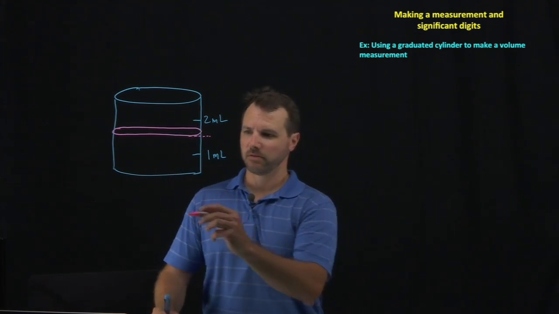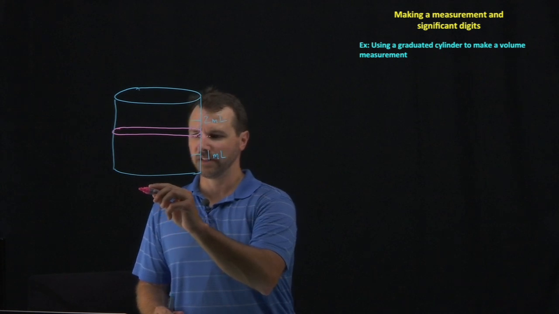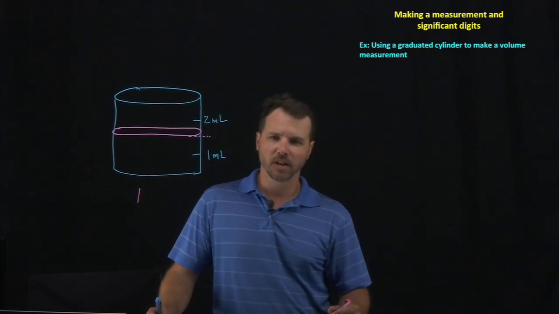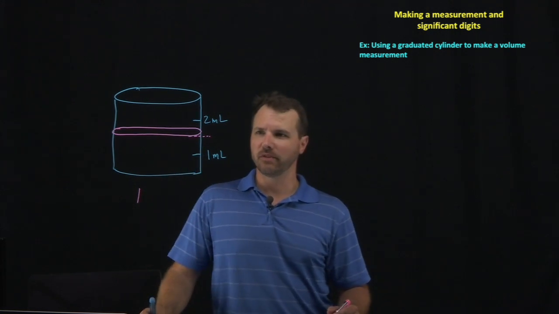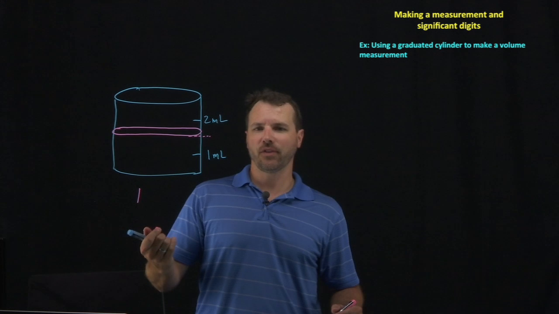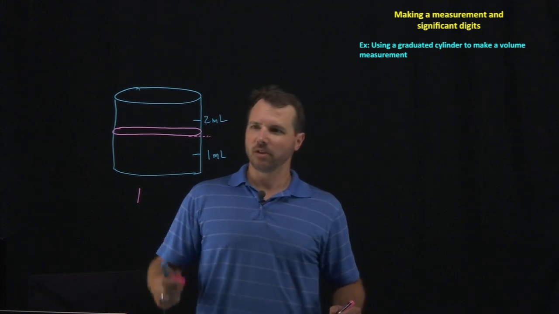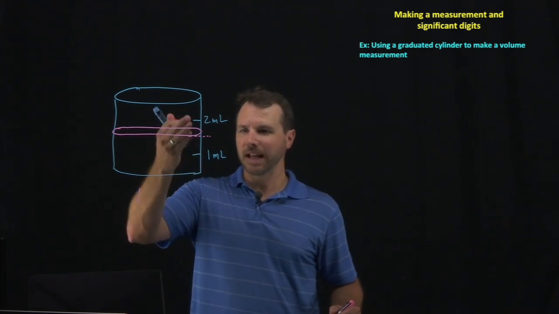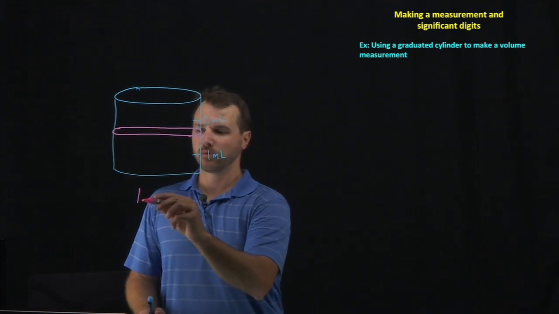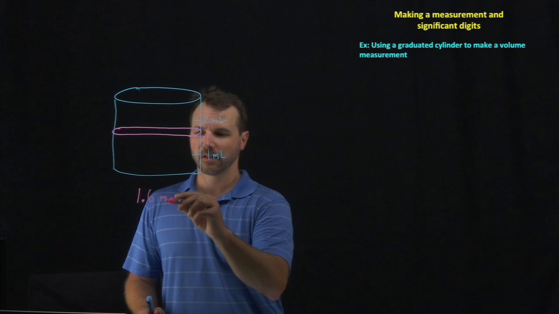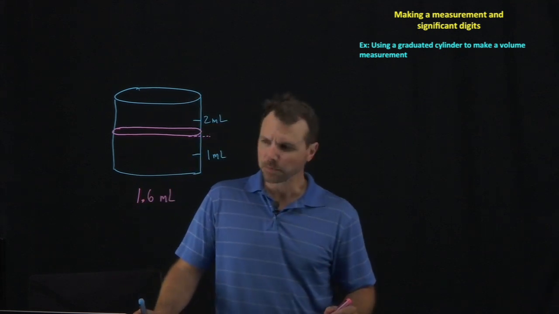So we can report with certainty that we're at least at 1 milliliter. But now, based on the marks, the graduations on this device, we can also guess a second digit. It looks like it's maybe slightly above halfway between 1 and 2. So we can say this will then be 1.6 milliliters.